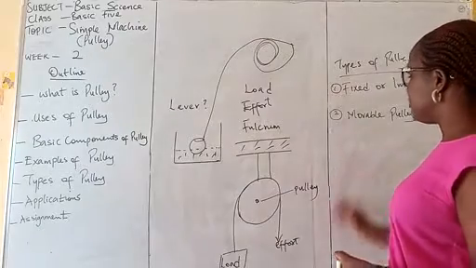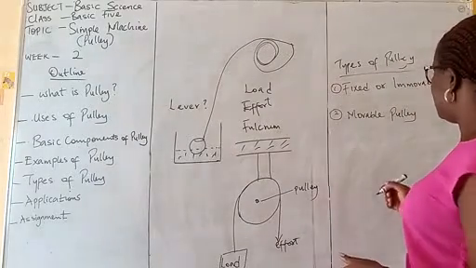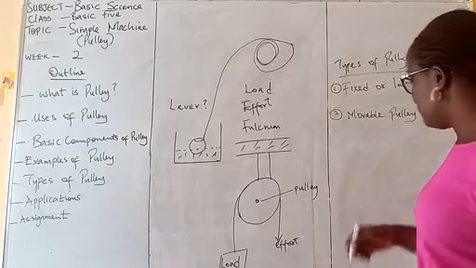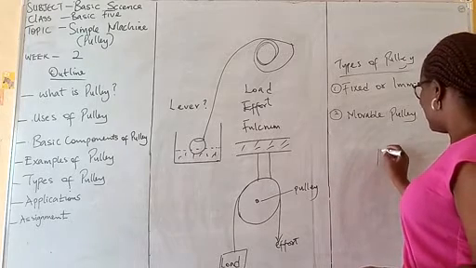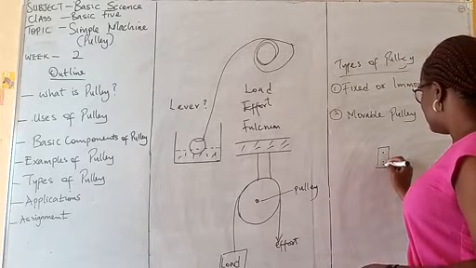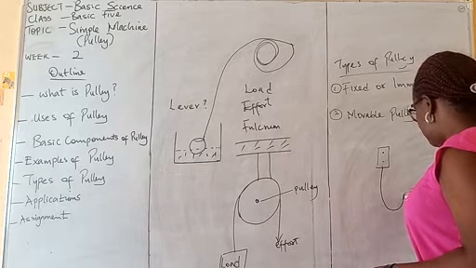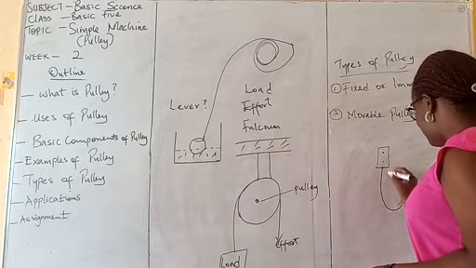Whereas in our movable pulley, we have something similar to this, but it is movable. Okay, so you can have something like this. And if you have this, I don't know, you tell me what this reminds you of when I'm through.